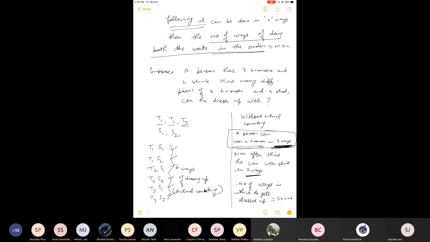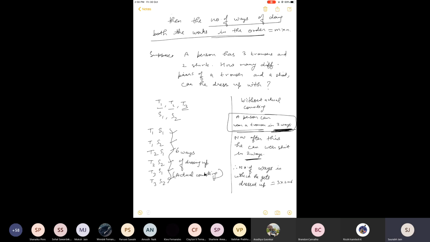I have taken a lot of time to explain this concept with the help of a simple example, because counting can also be done and I can go for the multiplication theorem also. Now you may say, sir, I will just do the counting. Why do all this? But what if he has so many choices?